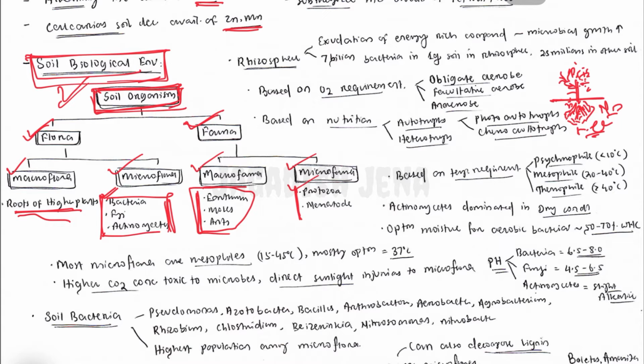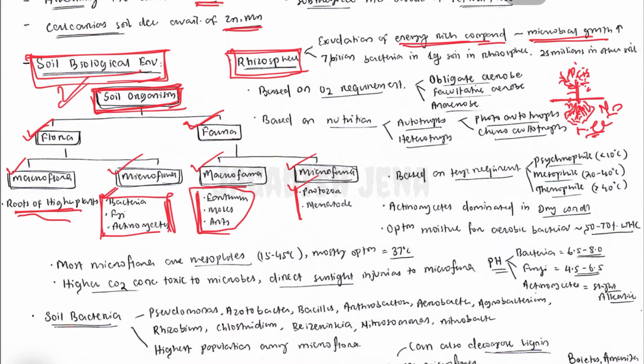Now, how do these soil microorganisms live in the rhizosphere? The rhizosphere means the microenvironment covering the roots of plants, with exudation of energy-rich compounds. Basically, the plant root secretes some high-energy, carbonaceous compounds which help the microbes to grow.